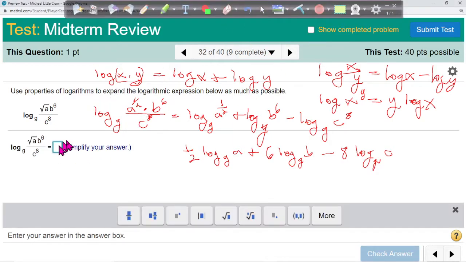And let's just type that in there. 1/2 log base g. And I've seen some questions about entering logs. Natural log is ln, and notice how when it recognizes it as a log, it becomes bold.